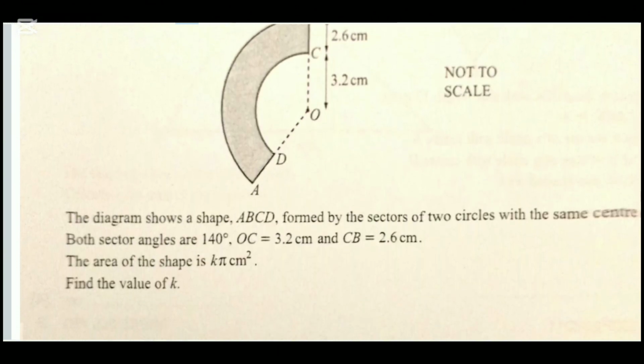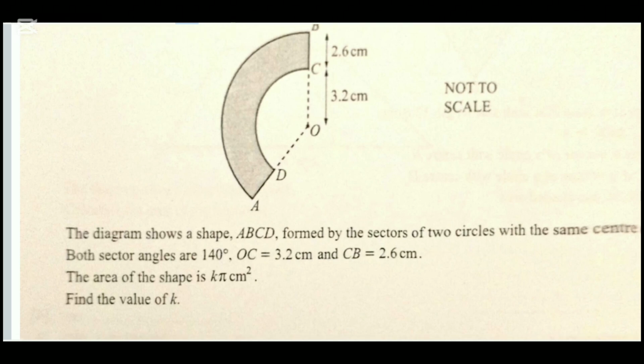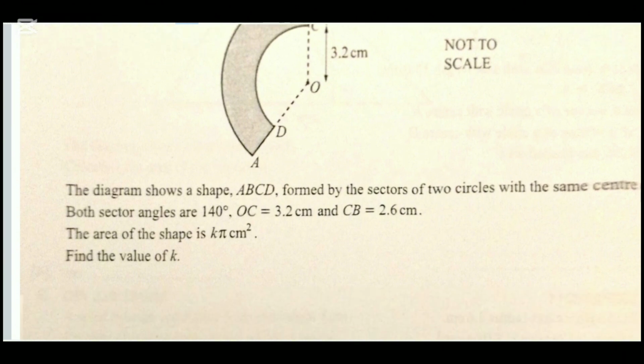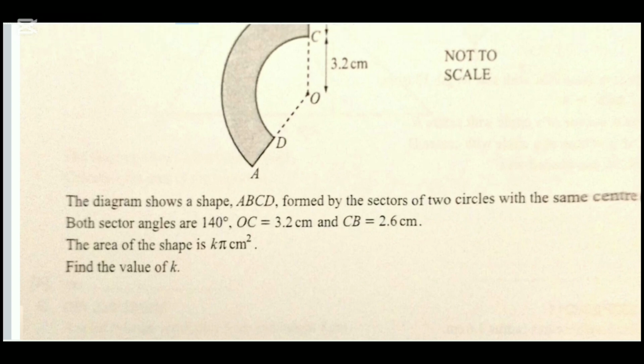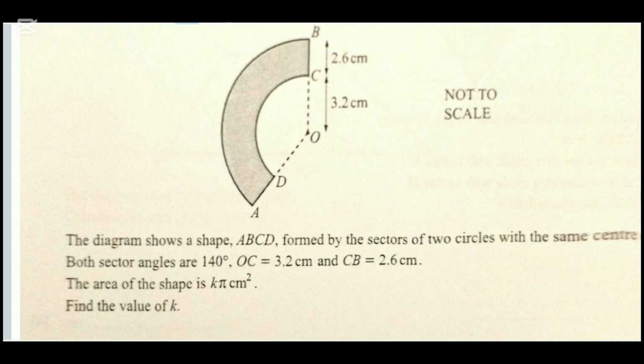So how we can find area of the shape? How you will find the area of the shape actually? This is the shape, so we have to find the area of shape and then we can get the value of k. How we will get the area of shape?